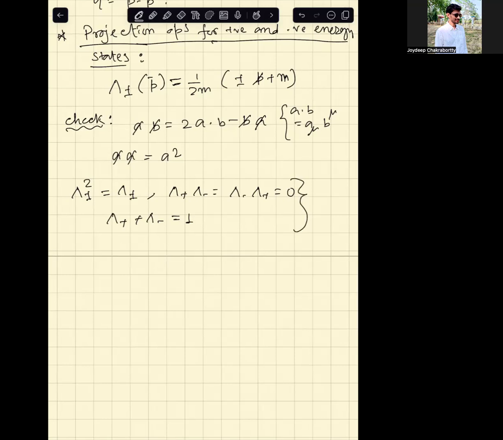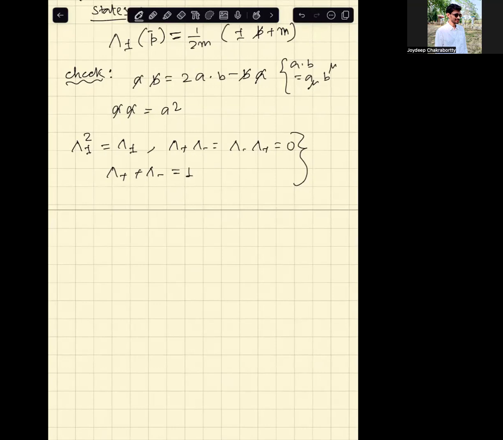So now lambda plus acting on u_s(p) gives u_s(p), and lambda minus acting on v_s(p) gives v_s(p). The coefficients are 1 because they are properly normalized states.